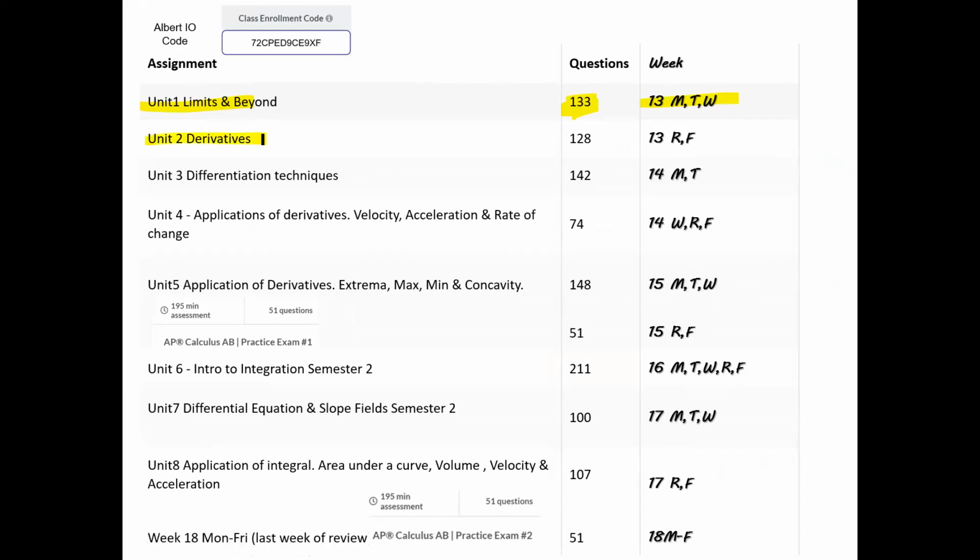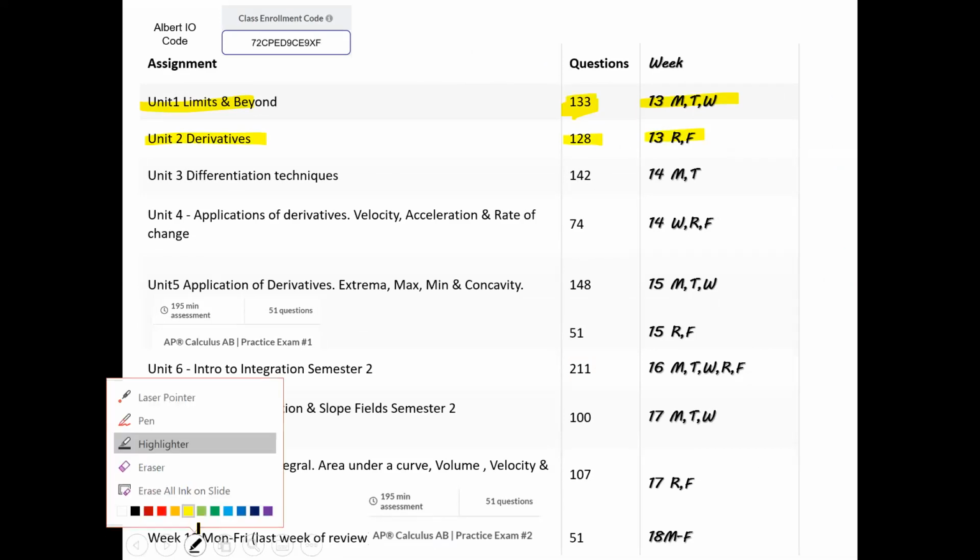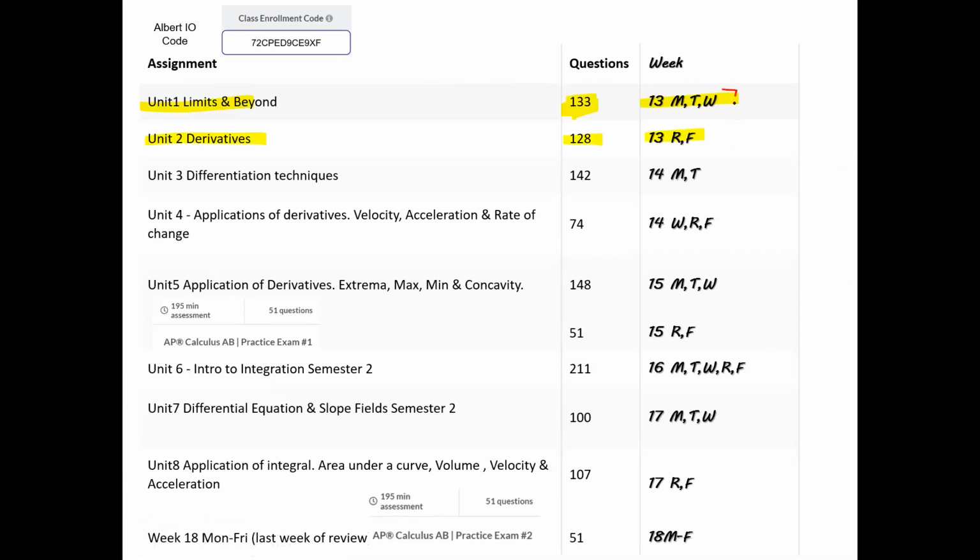Then we're going to start Unit 2, which is on derivatives, this Thursday and Friday. You have until Sunday, 11:59 p.m. So you do have Saturday and Sunday to catch up on that if you need to.